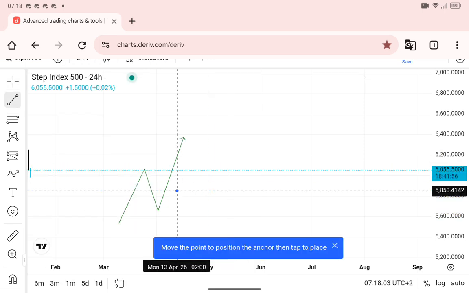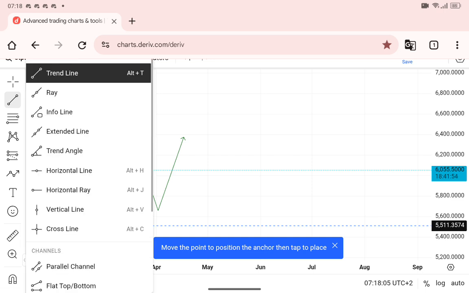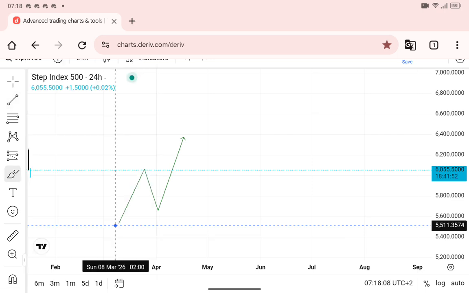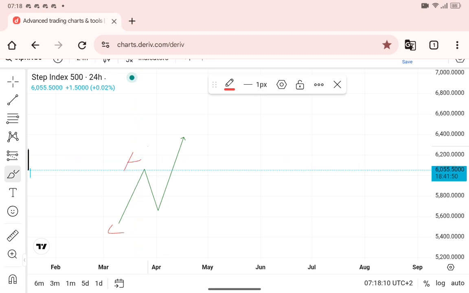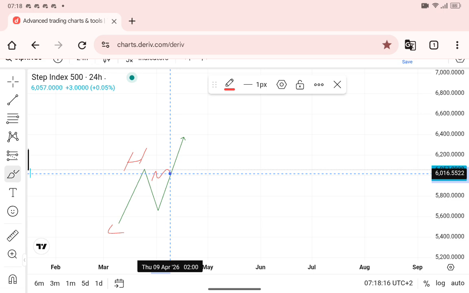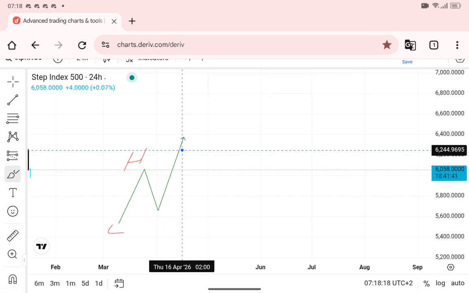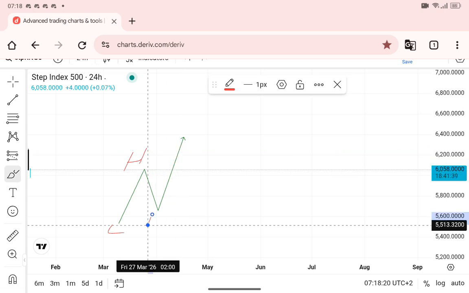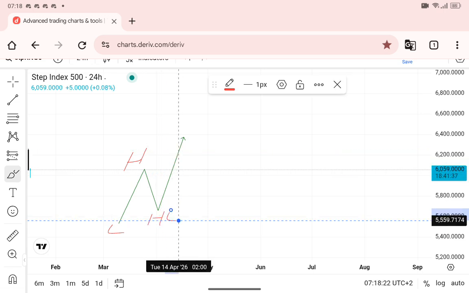Because we had a low here, then a high. Instead of price breaking this low, it failed to do that. It broke the high there. So once it broke the high, from here we have a higher low. And once we have a higher low, I know that after a retracement, I have to be in a bull run.